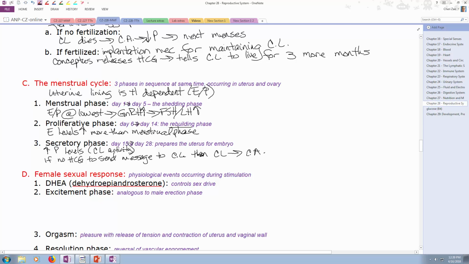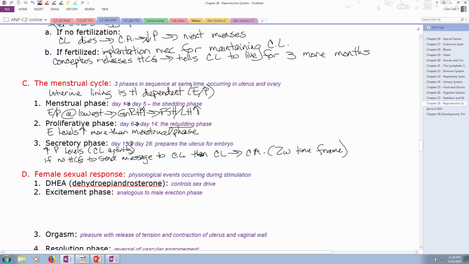And so this is typically a 2-week time frame, which is day 15 through 28. No HCG, menstruation. HCG, maintenance of the uterine lining in the first trimester.